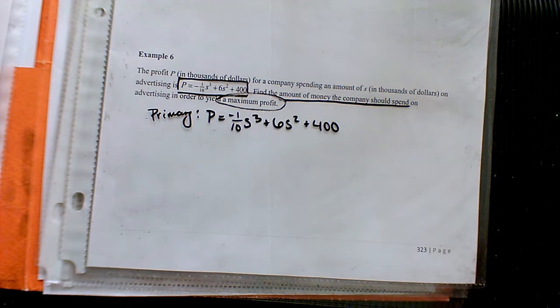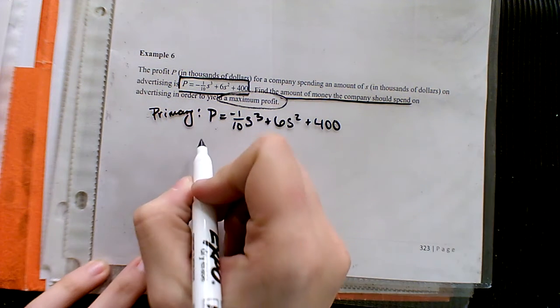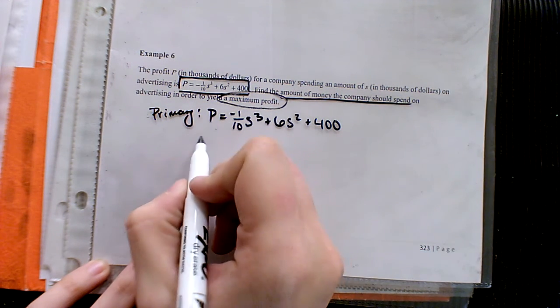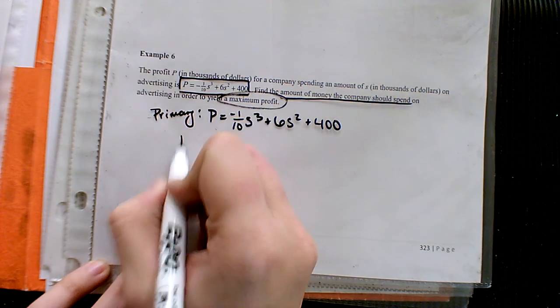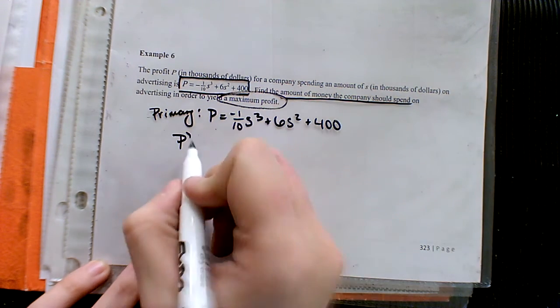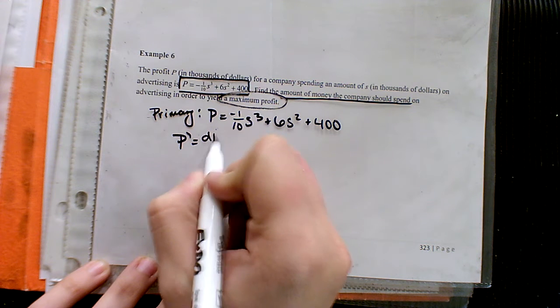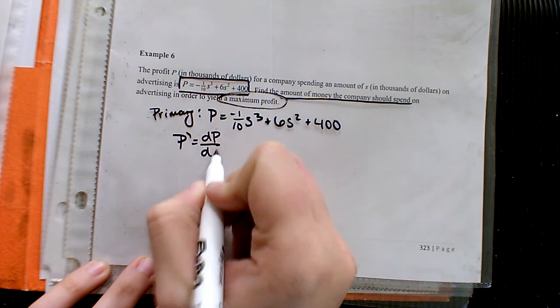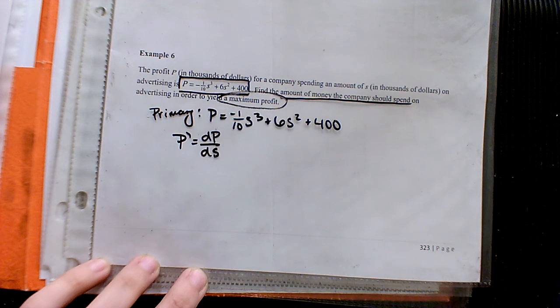Okay, so from here, we don't really need to draw a picture because we don't have a physical object that we're dealing with. So we'll just take the derivative, set equal to 0, find a critical point, test it. We're good to go. Now, the derivative of P, you could write it as P prime, or it would be dP over ds.